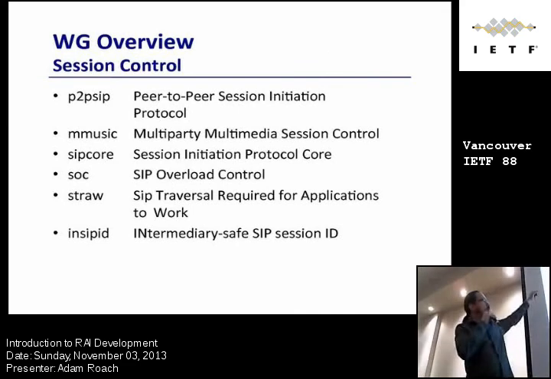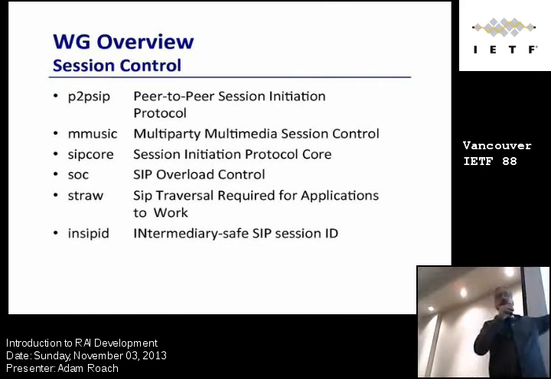SIPCORE works on fixes to the core SIP protocol. So if we discover, for example, one of the things we're going to be looking at probably very soon is making sure that we handle the IPv4, IPv6 transition smoothly. That kind of thing, literally at the core of how SIP behaves, we work on here.